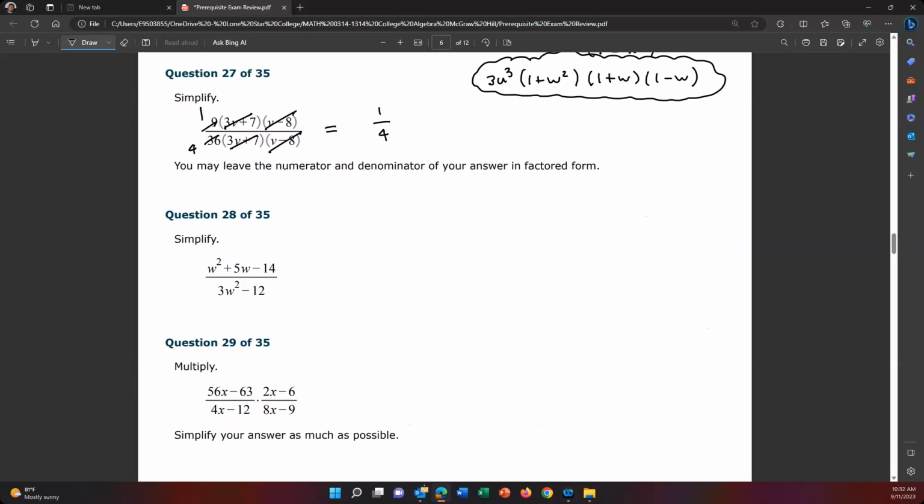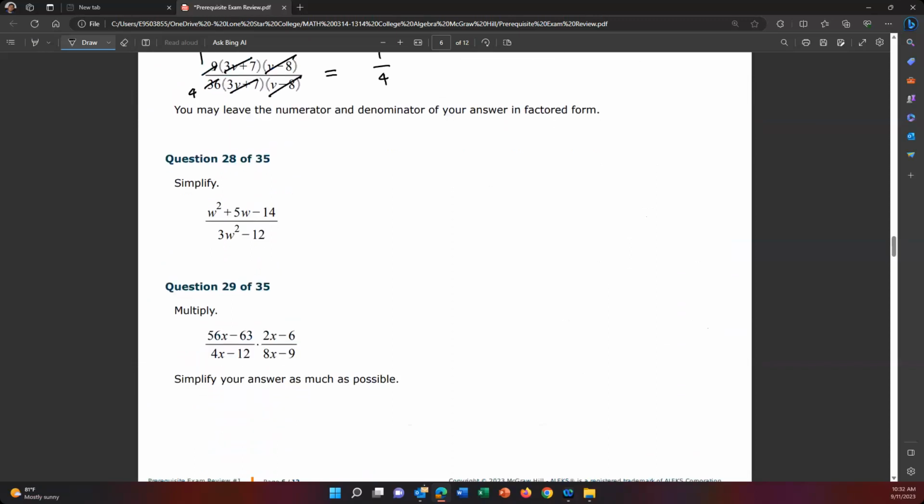But what about 28? That story is not so simple. What is this story all about? Well, I'm going to have to factor this. If I don't factor this, I'm not going anywhere. And don't do this. Don't do that. That is not allowed on Earth.